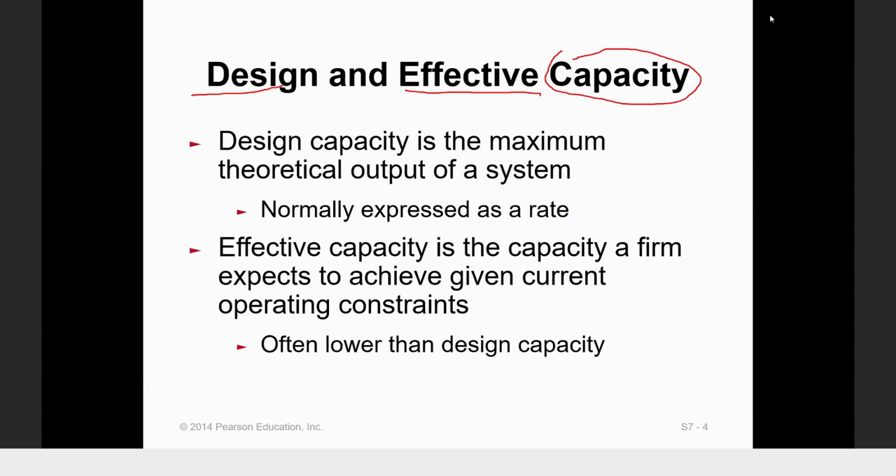What is the difference between design capacity and effective capacity? Please read my slide. What do you understand? Please, anyone volunteer?